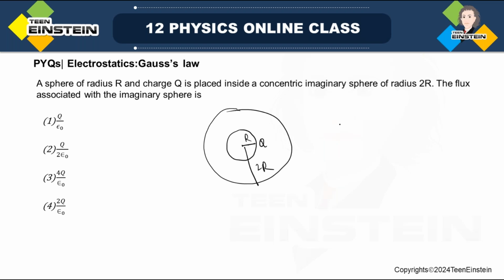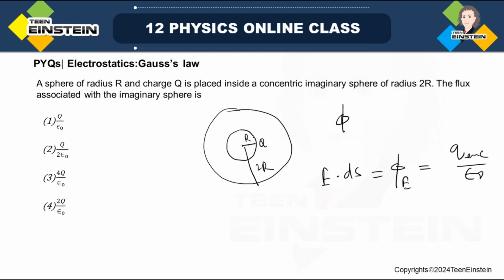See, we know flux is what? Flux is this ∮E·dS, and this can be denoted by phi due to the electric field. So phi E. Flux will always be the charge enclosed by the reference surface or the Gaussian surface divided by epsilon naught.